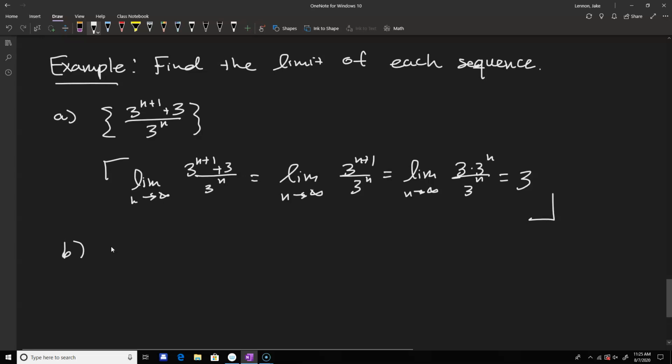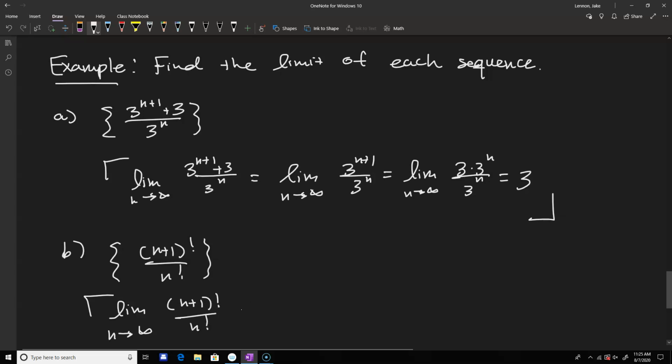Let's go ahead and look at the sequence n plus 1 factorial over n factorial. We'll talk about something called the ratio test when we start talking about the convergence and divergence of series. Remember the factorial is just multiplying by all the integers less than that number until you get down to 1.